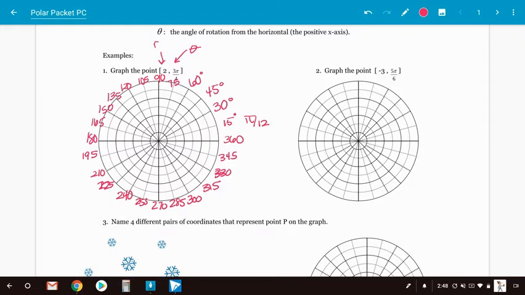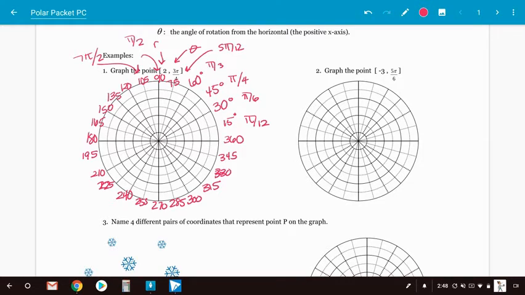The only ones that we don't know are the new ones. We know this one is π over 6, and you can go on your old unit circle if you need to, π over 3. So this one here is 5π over 12. And then remember 90 was π over 2. Another one that we've not had before is this 7π over 12.